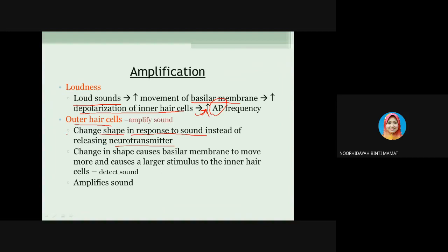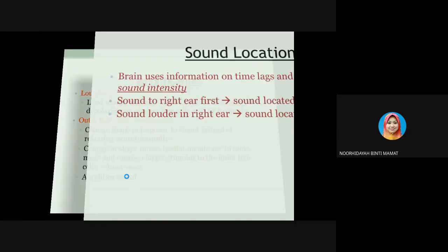So this is the differentiation between the outer hair cells and inner hair cells. The outer hair cells change shape, causing the basilar membrane to move more and causing a larger stimulus to the inner hair cells, which detect these sounds. So the outer hair cells amplify the sound. This is the amplification by the outer hair cells and inner hair cells.